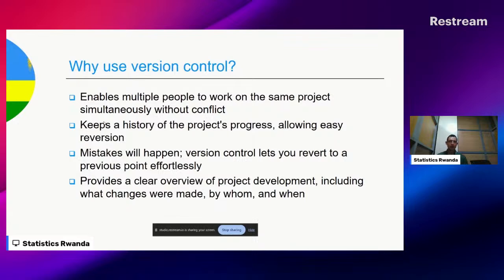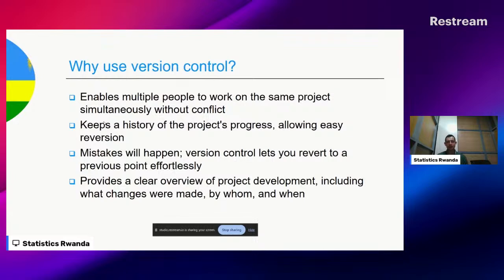So first off, why do we want to use version control? There are a few key reasons. It enables multiple people to work on the same project simultaneously without conflict. It keeps a history of the project's progress and allows easy reversion. Related to that, mistakes will happen with projects that you're working on, especially if you're working with multiple people. Version control lets you revert to a previous point with relative ease.